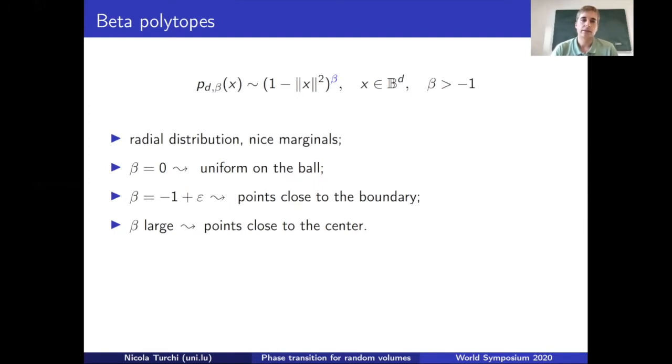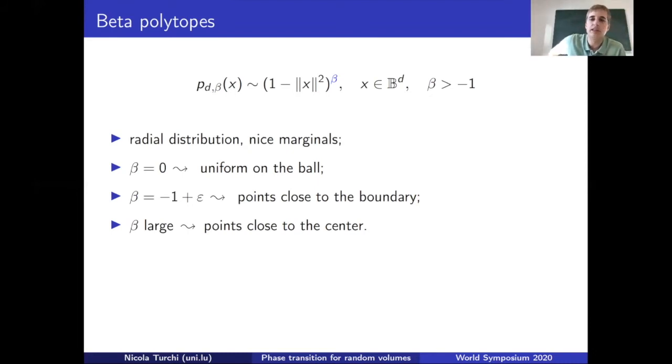And these are called the beta distributions, which have attracted considerable attention in recent years. A lot of results have been discovered about them. And you can see that the density is the one that I've written down in the equation. You have this nice radial distribution with this exponent beta that is allowed to be at least -1.